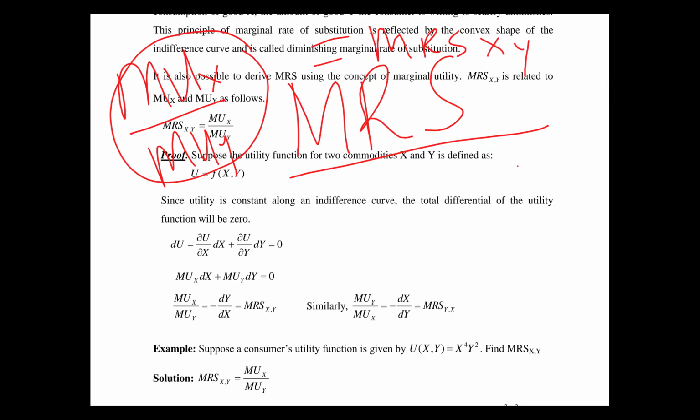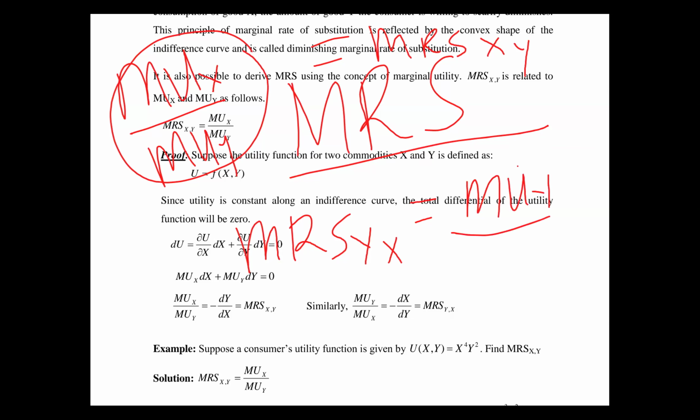At the same time, if you do the reverse one, which is the marginal rate of substitution of y for x, it is equal to the marginal utility of y divided by the marginal utility of x. That's the difference. You've seen, it's just flipping this equation, the inverses of each other, all right? So using this concept, this is what you pick.